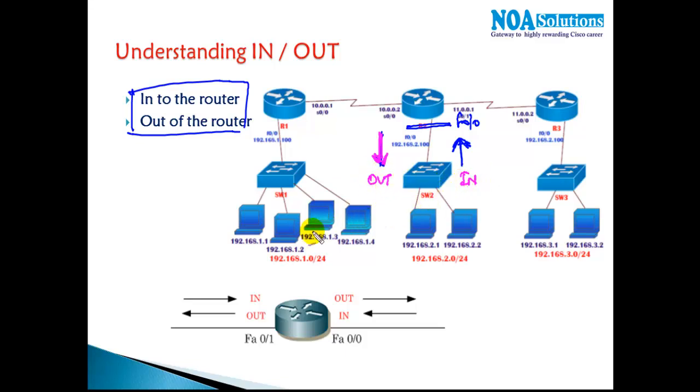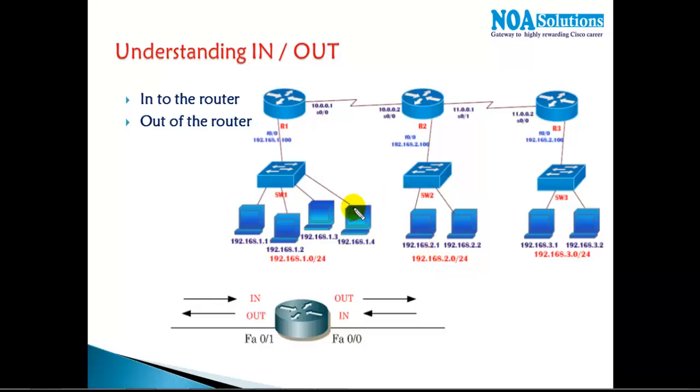When you are deciding, you should not check based on the destination. Initially, when I was reading about ACLs, I used to think the same way: a packet is coming from here, this is the source, it is going from here, this is the destination, and we think this is in.